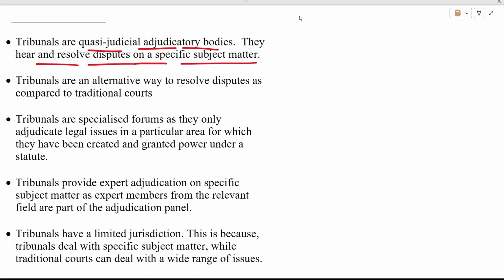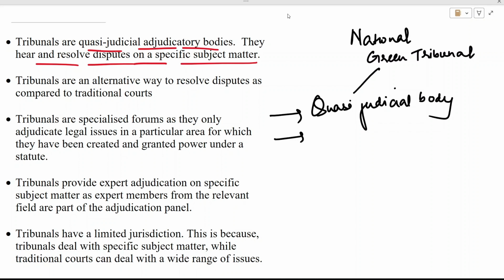Okay, let us understand this with an example. For instance, the National Green Tribunal. First of all, it's a tribunal. It's a quasi-judicial body. Secondly, we are saying that it's an adjudicatory body. By adjudicatory body, we mean that it is a body which adjudicates matters, which resolves disputes.